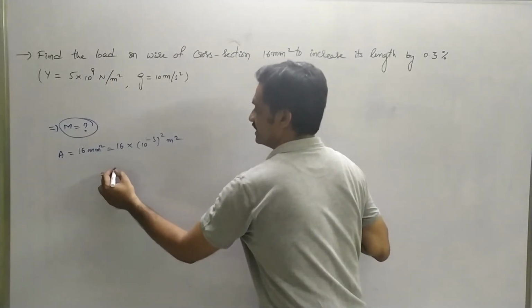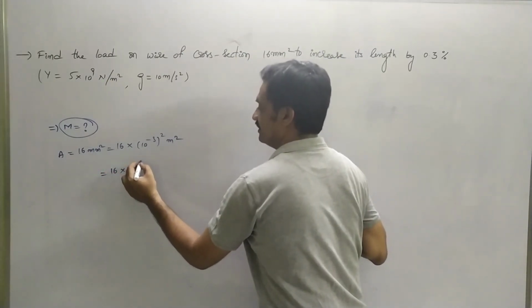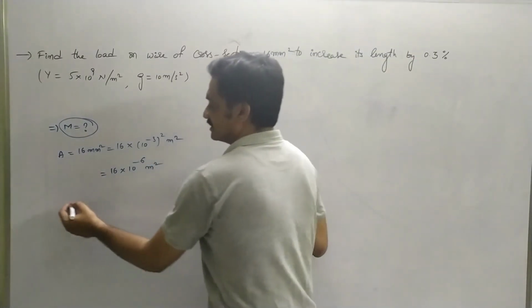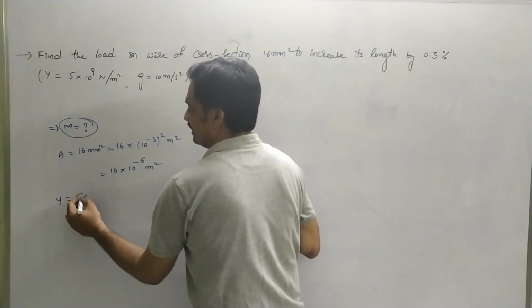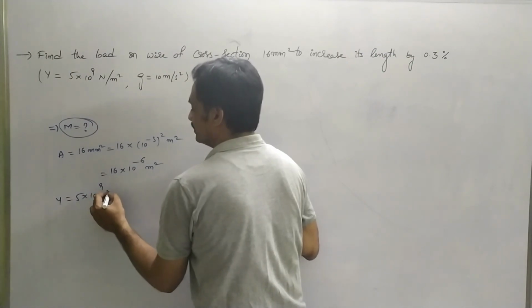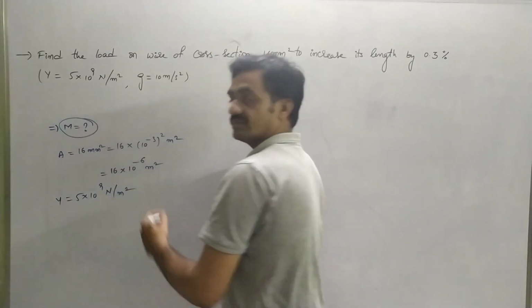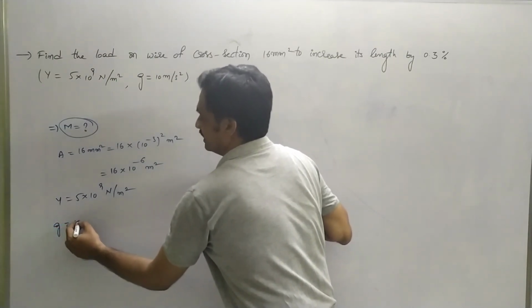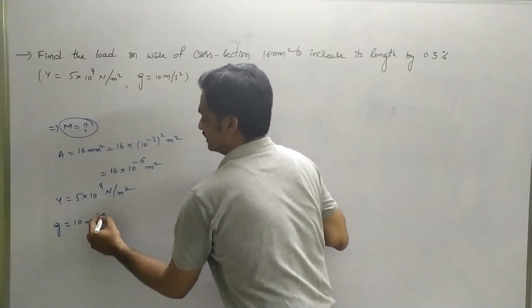Then it can be represented as 16 into 10 to the power of minus 6 meter square. Whereas Young's modulus is given as 5 into 10 to the power of 9 Newton per meter square. And the value of g is 10 meter per second square.